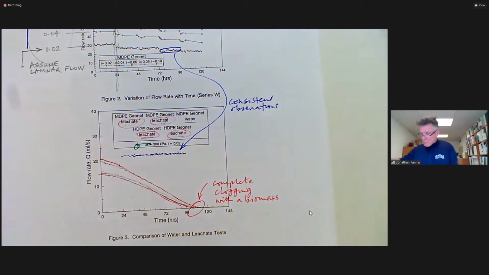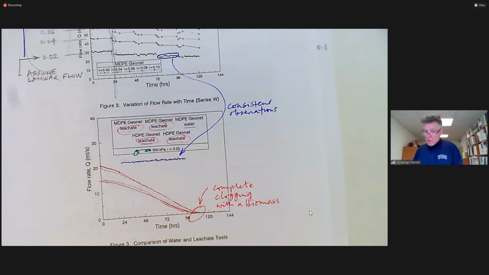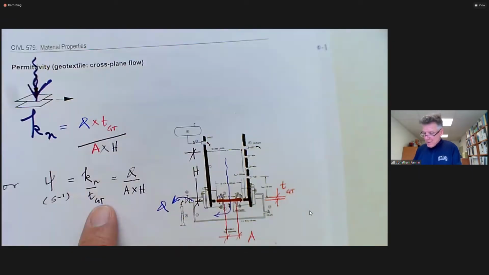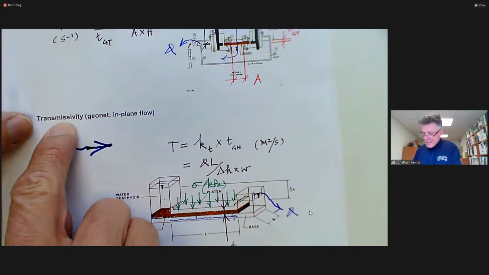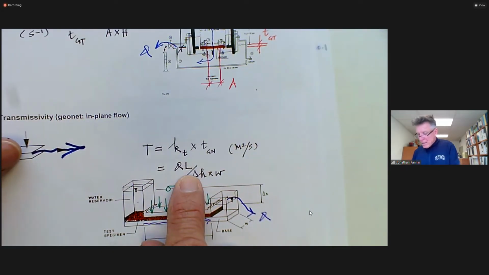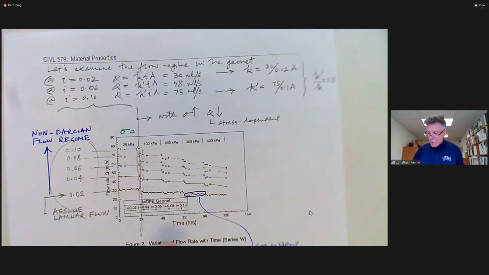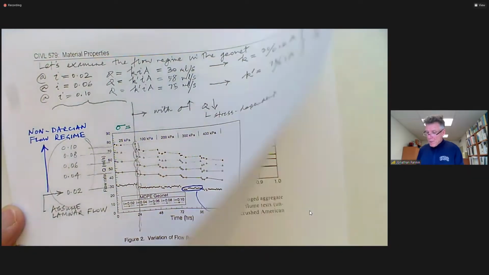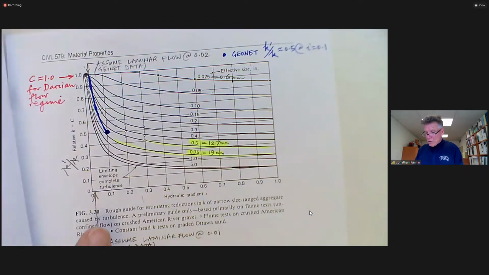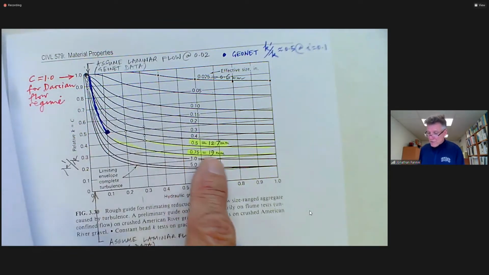Okay, so quick summary. We've been looking at cross-plane permittivity as an index value. We've been looking at transmissivity as an index value, but I actually elected to use the transmissivity test to examine the nature of non-Darcian flow regime in the very porous materials, such as geonet, and acknowledge that non-Darcian flow is also present in the equivalent porous gravels.